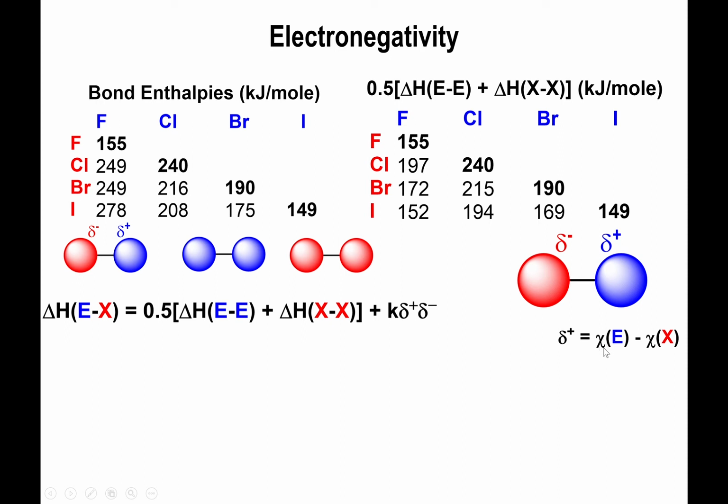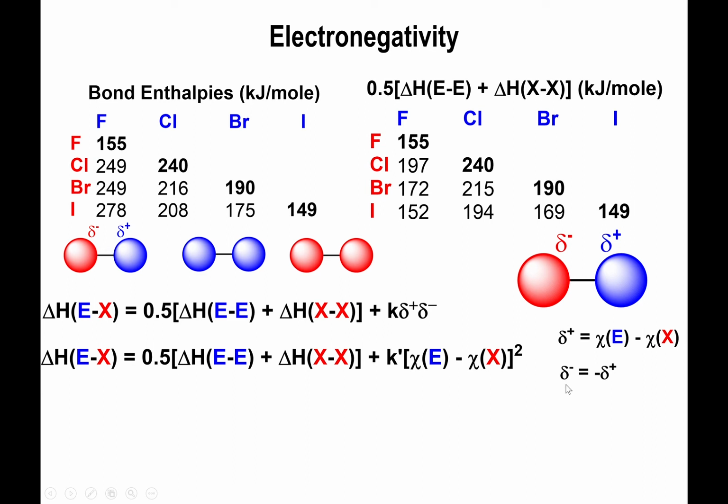So you have the electronegativity of one element, element E, the blue element, and the electronegativity of the element X. If you take the difference of those two electronegativities, that should, in essence, give you that partial positive or partial negative charge that you're developing as a result of pulling the electrons in towards one of the atoms. The magnitude is the same, but the charge is obviously different, right? So delta minus and delta plus develop on the two different elements, but they are of relatively equal magnitude.